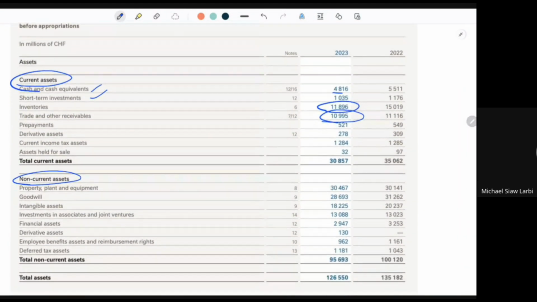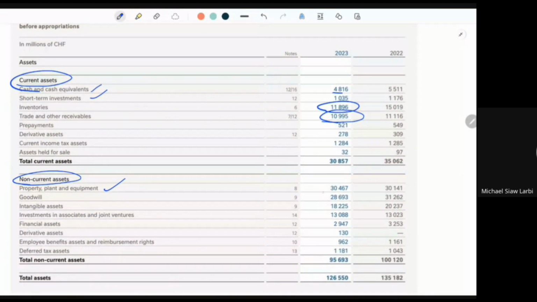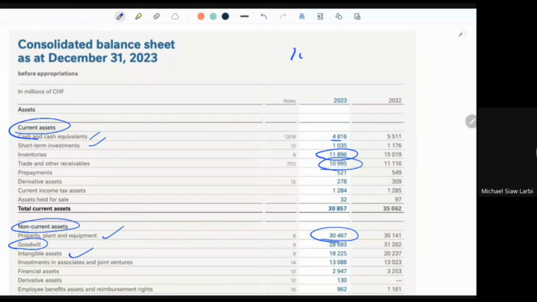Then under the non-current assets, we have PPE, which is 30, a big one. So this would be their factories, their offices, their warehouses, all of those. Their intangible assets are here. You typically see goodwill if they have purchased another company for more than the company is worth. So if you see goodwill of, let's say, 100, it means you paid 500 for a company worth 400 to give you the 100.